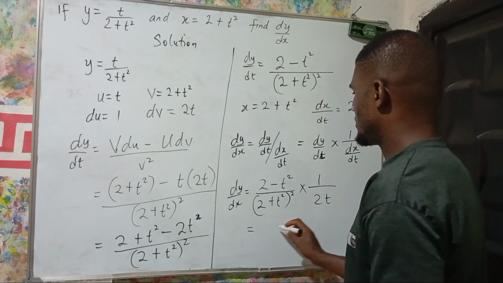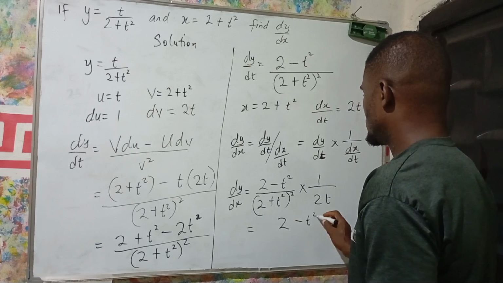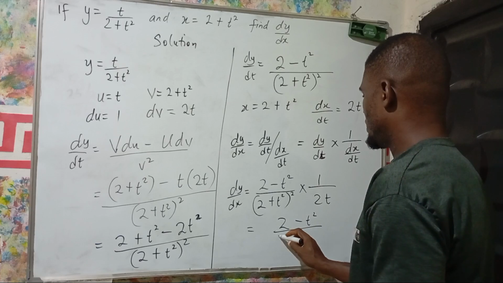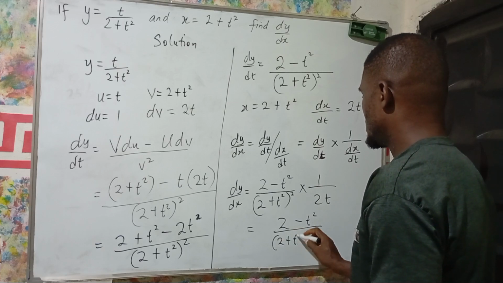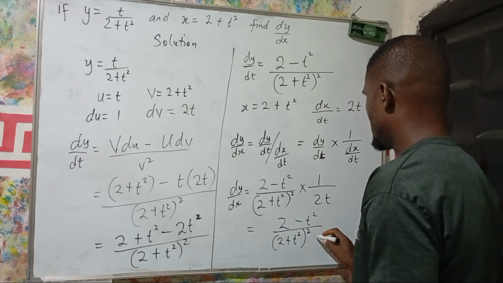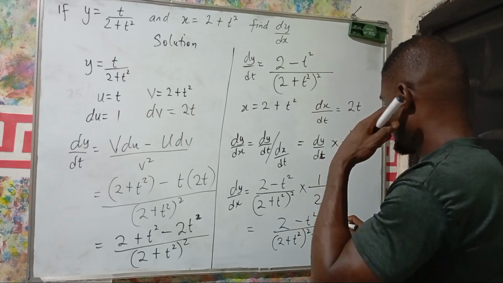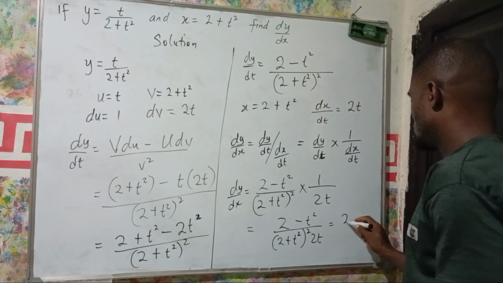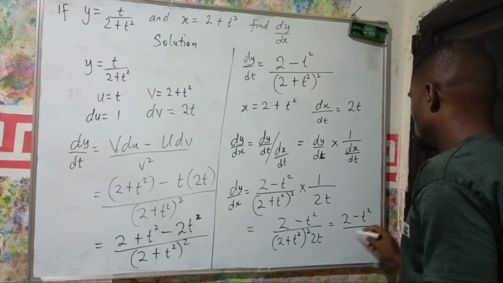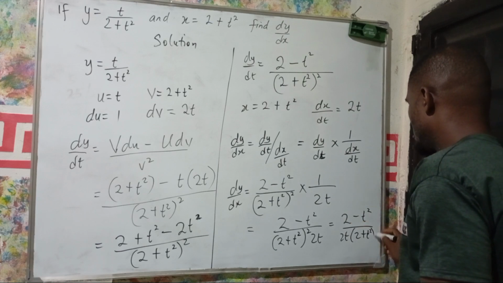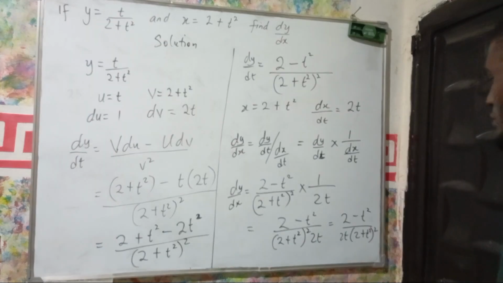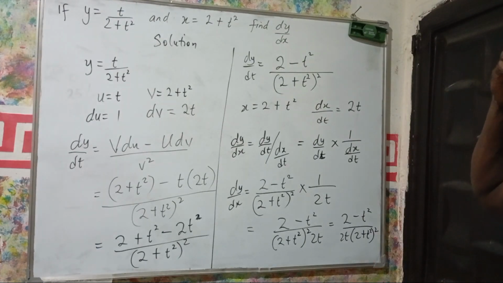And so at the end of the day, what we have is 2 minus t squared all over 2 plus t squared all squared multiplied by 2t, which we can rearrange as 2 minus t squared over 2t open bracket 2 plus t squared all squared. Now that's what we have as our dy/dx.